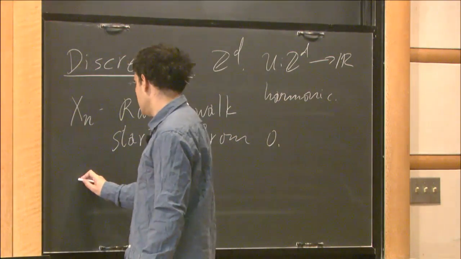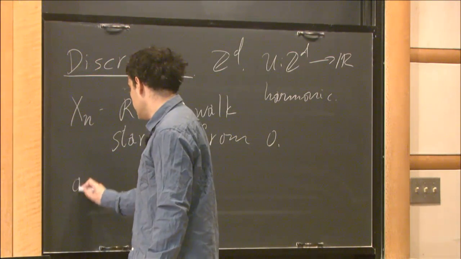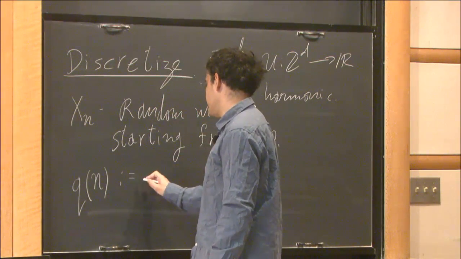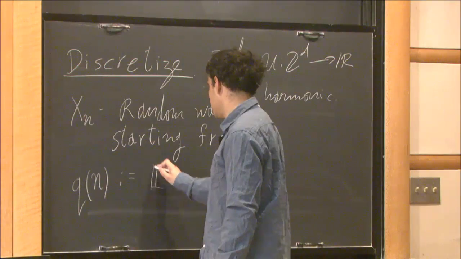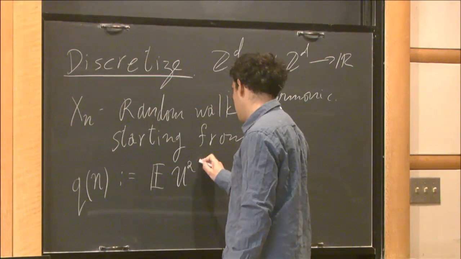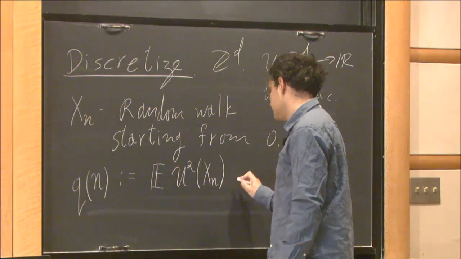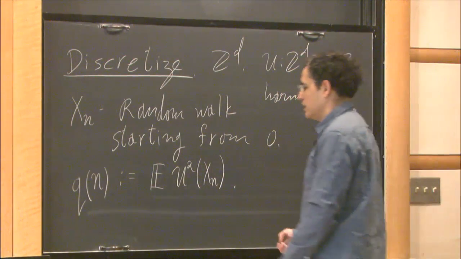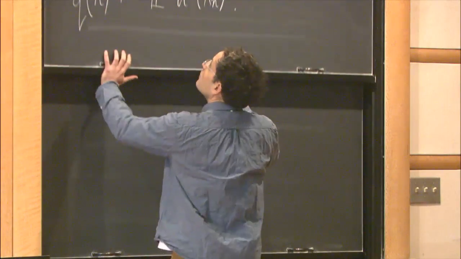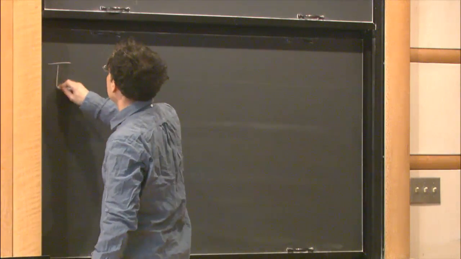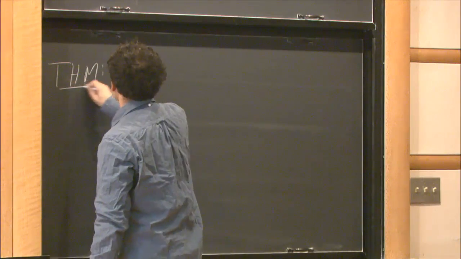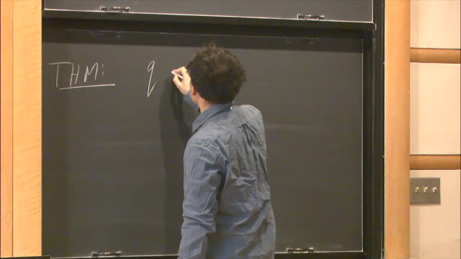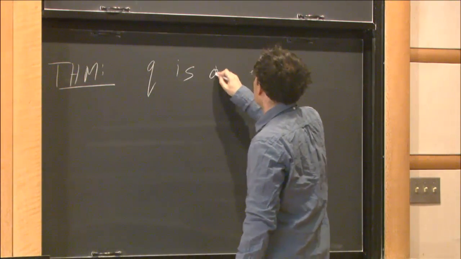Then you consider the discrete Q function. Q of n is defined as the expectation of u squared at time n. And the theorem is that Q is absolutely monotonic.